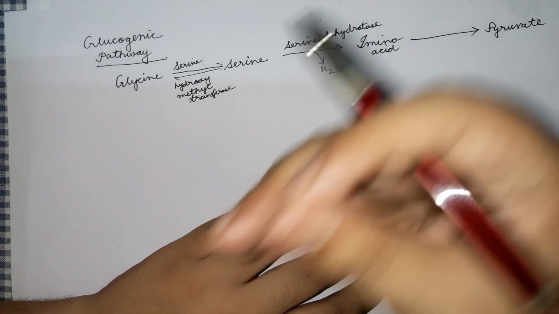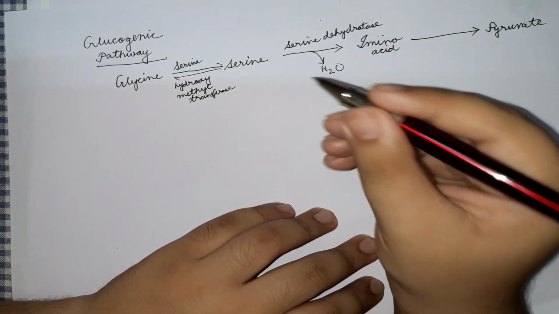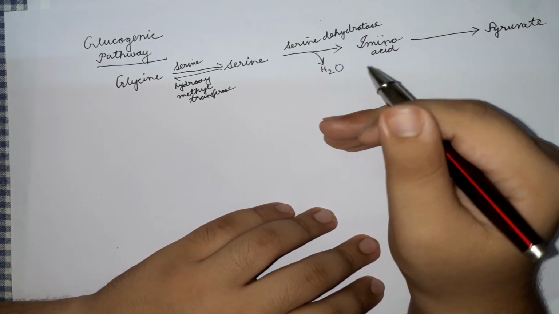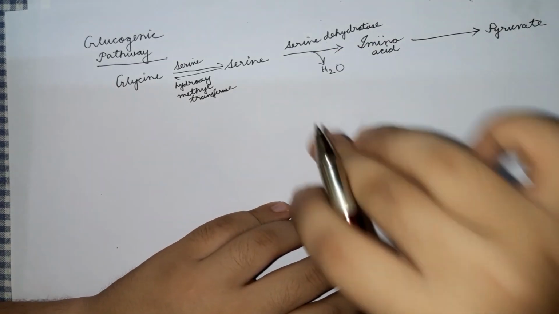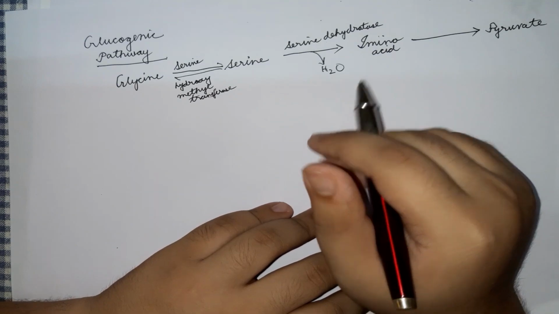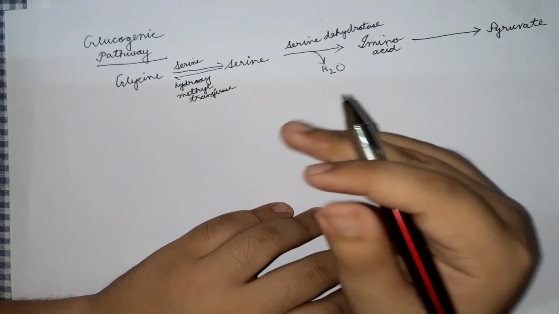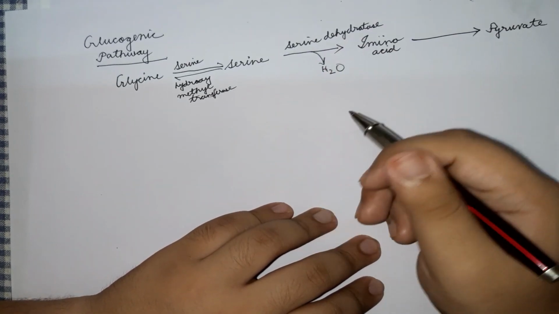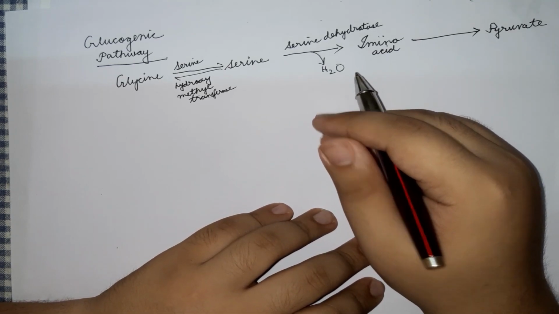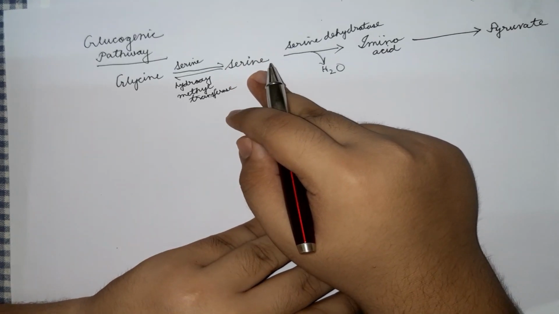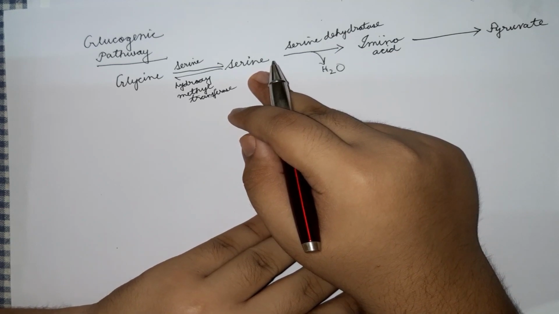So let's go on. That is why I was telling that if you know a little bit about the molecular bits, you don't need to mug them up as much while studying the metabolic pathways. Then it will be a lot easier to understand these reactions, and the possibility of mugging up will also decrease. So we have already studied the molecular structure of serine.